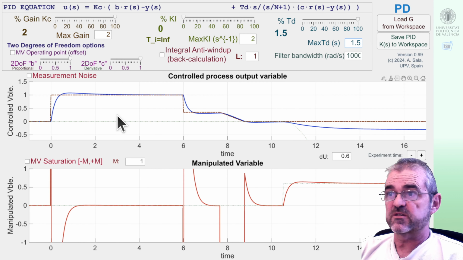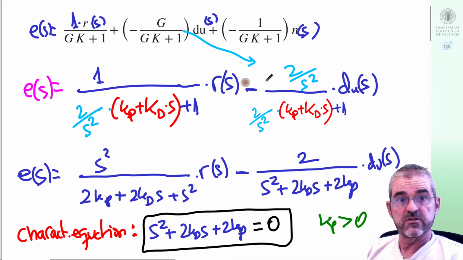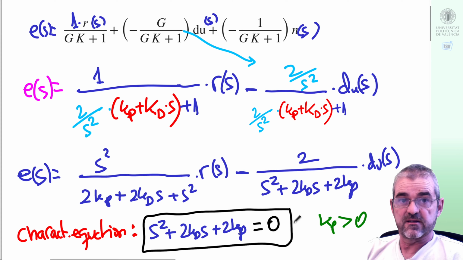In this video, we explored how the closed-loop equations for a proportional derivative control were computed, and we explored the stability, analyzing the roots of the characteristic equation.